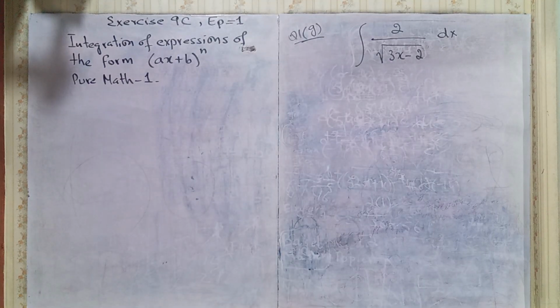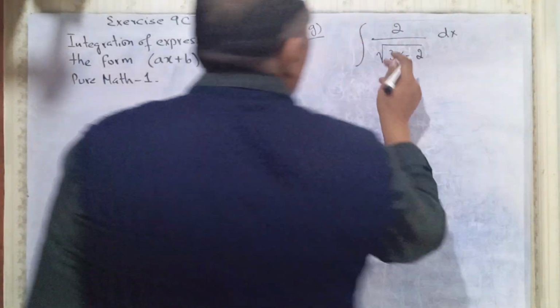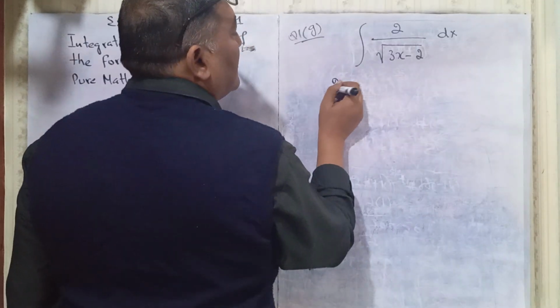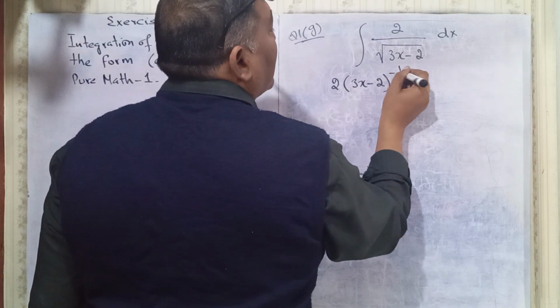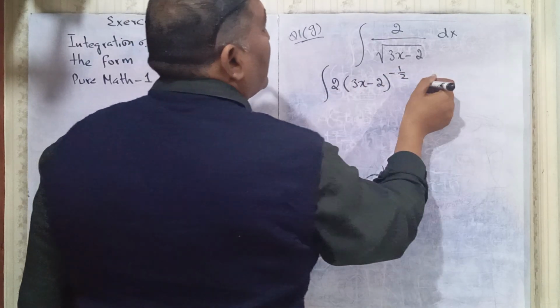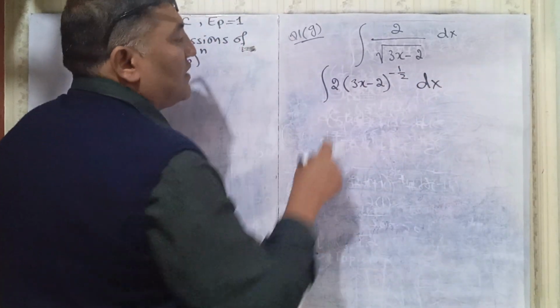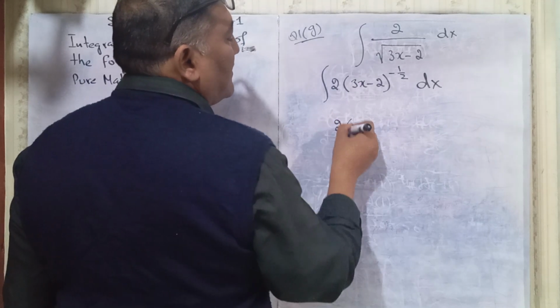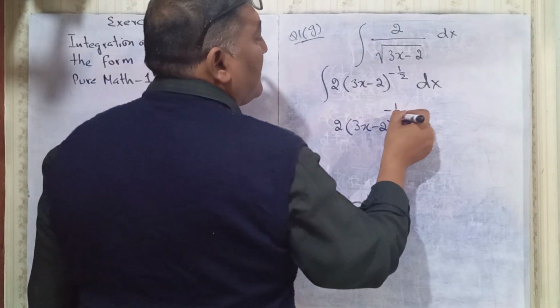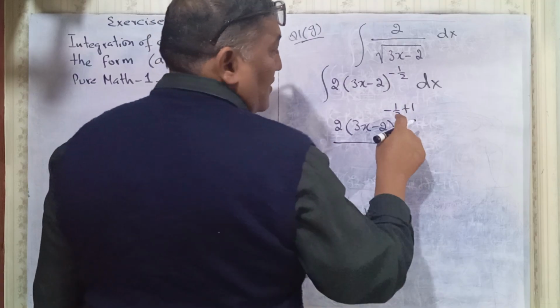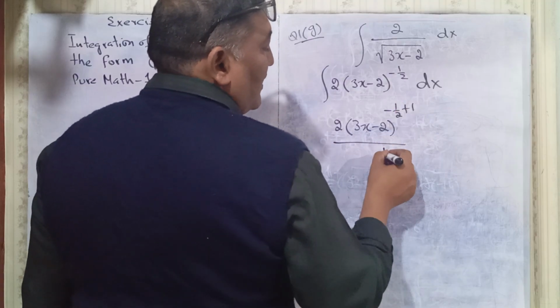Okay, so bring this upstairs. So this becomes (3x minus 2), and this power will become negative. We have to integrate this. This 2 will remain as it is. (3x minus 2) raised to minus 1 by 2. You will increase the power by 1, so this is 1 by 2.